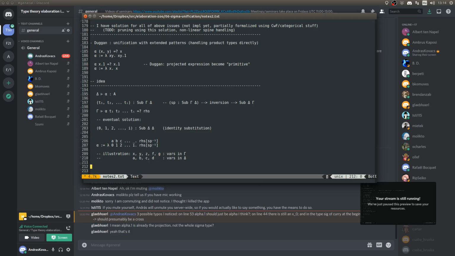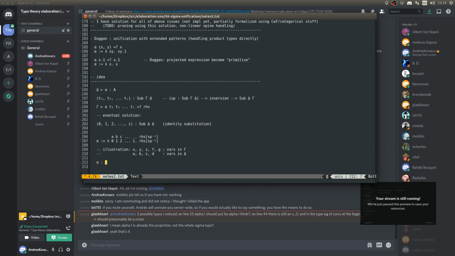Because if we are solving alpha, so if we have this lambda expression, then the type of that would be something which goes from a delta telescope of arguments to some A type. And then the telescope can be viewed as A, B, C, dot, dot, dot, and then we are returning some result type.